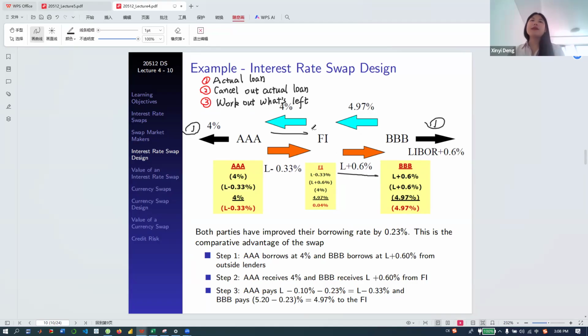So what's going to happen is that in this contract, you assume that the financial intermediary is going to pay out 4% to AAA to cancel out this fixed rate it's paying the actual lenders. And then you also assume that the financial institution is paying out LIBOR plus 0.6%, which is the borrowing cost of BBB from the actual lender. So it's paying that amount to BBB. So that's our second step.